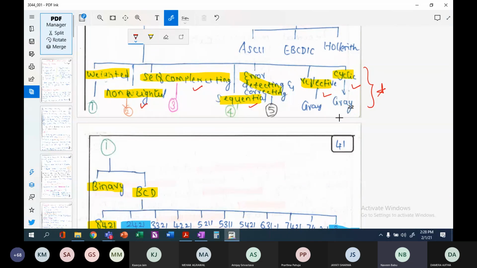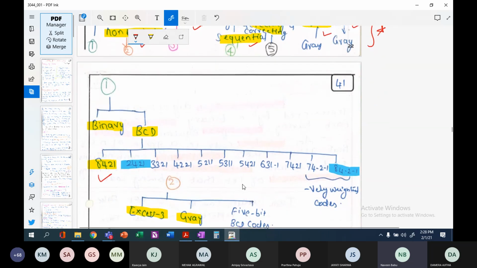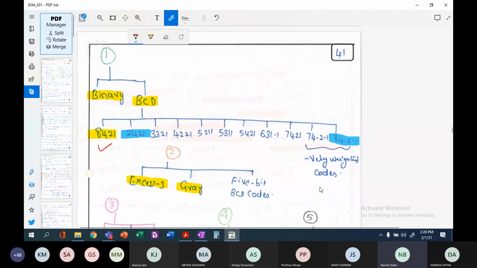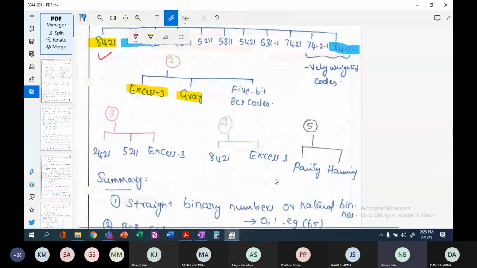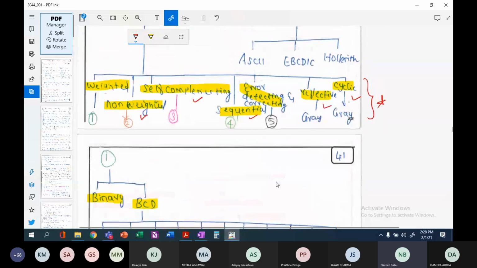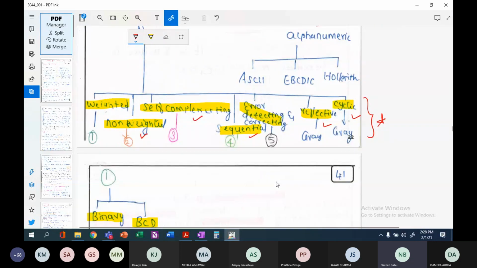You must know the basic definition and understanding of these codes first. Now, as I mentioned, for the sake of example, we will look at some of these highlighted ones, say 84-2-1, 2421, and what are called biquinary codes. I'll just look at the further classification, then we will go back.